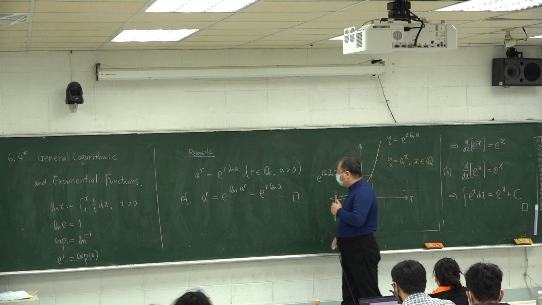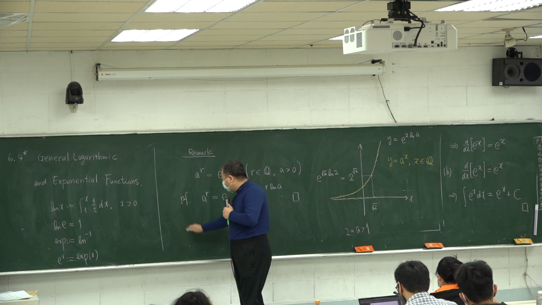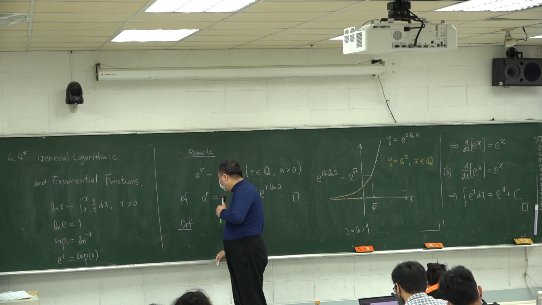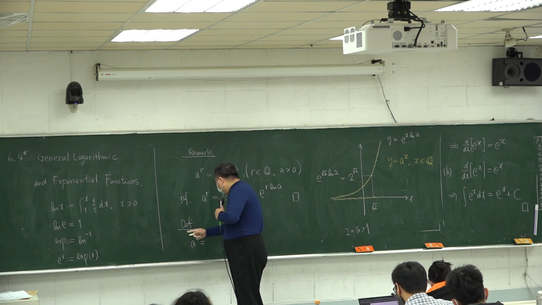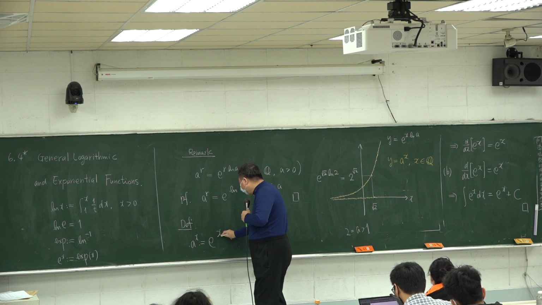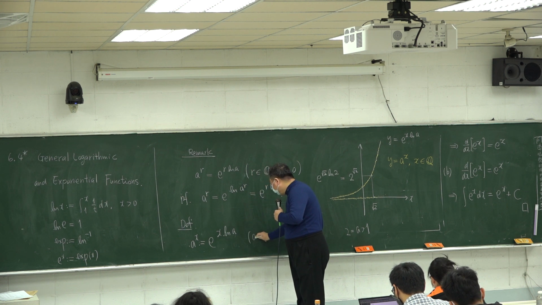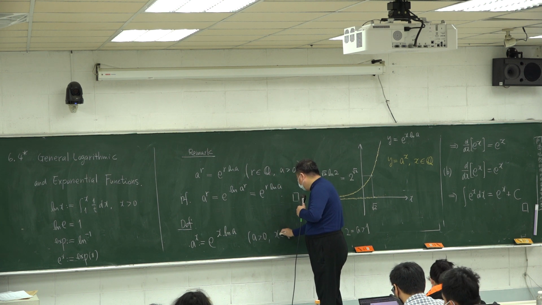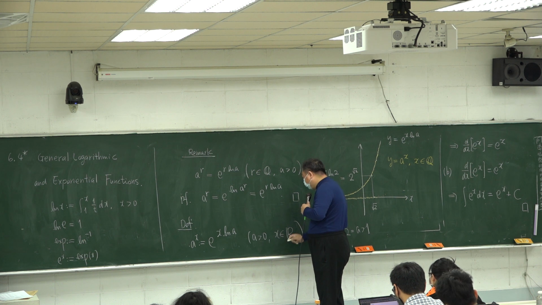So here we make a definition. If a is a positive number, we define a raised to the x power to be e to the x times ln of a, whenever a is a positive number and x is a real number.